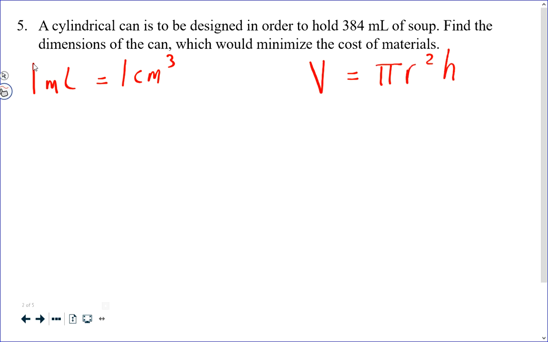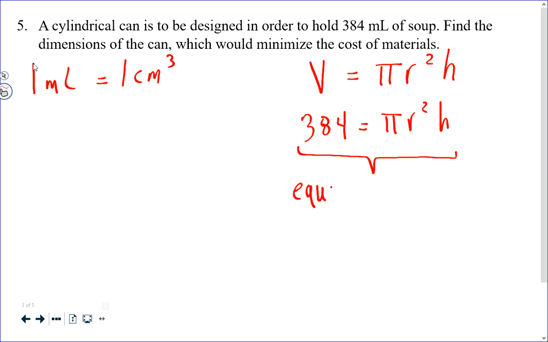And that's on your data sheet that I've given you. And if you don't have a copy of that data sheet, I've put one in our shared folder, so you can pick up a copy from there. And this 384, regardless of how we design the can, has to be the volume, which means, everybody, that 384 equals pi r squared h is the equation of constraint.